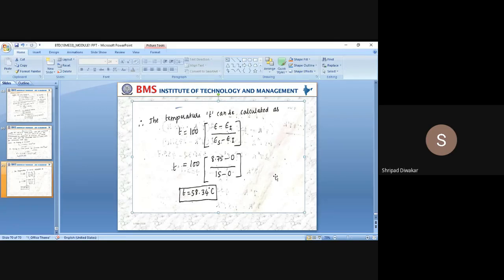Next we studied the concept of temperature, scales, and measurement of temperature. Next we studied the international fixed points, the international temperature scale, ice point, steam point, standard fixed points in the international temperature scales, and numerical problems. So these are the contents of module 1. I covered the entire thing including the numerical problems.